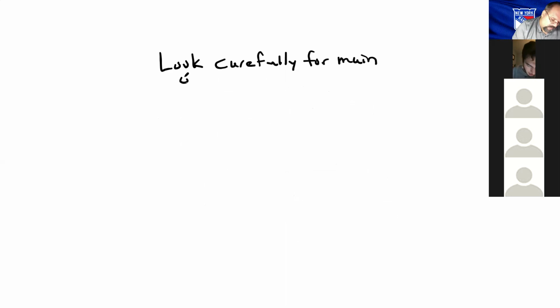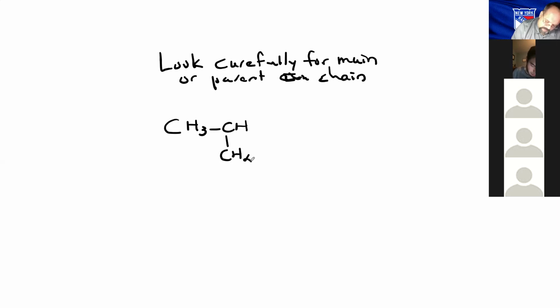The last thing I'll mention, and then I'll open it up to any final questions, is that you really want to look carefully for the main or parent chain, because there will be some instances where the main or parent chain would not necessarily be drawn straight across.